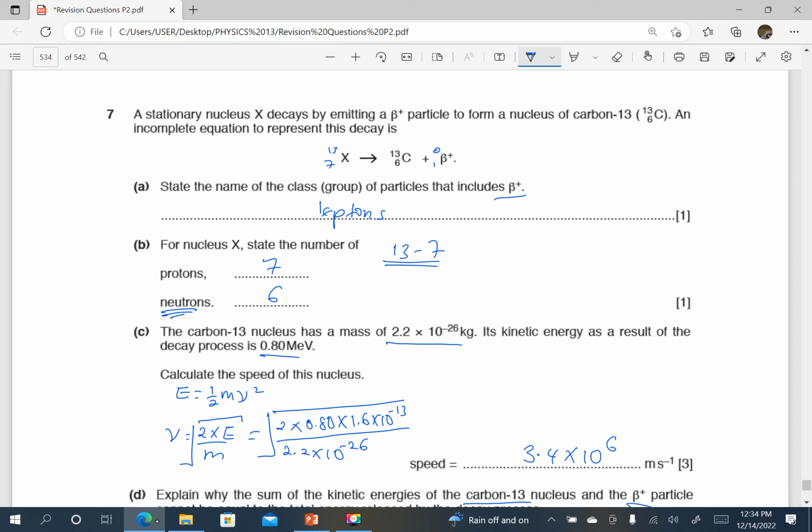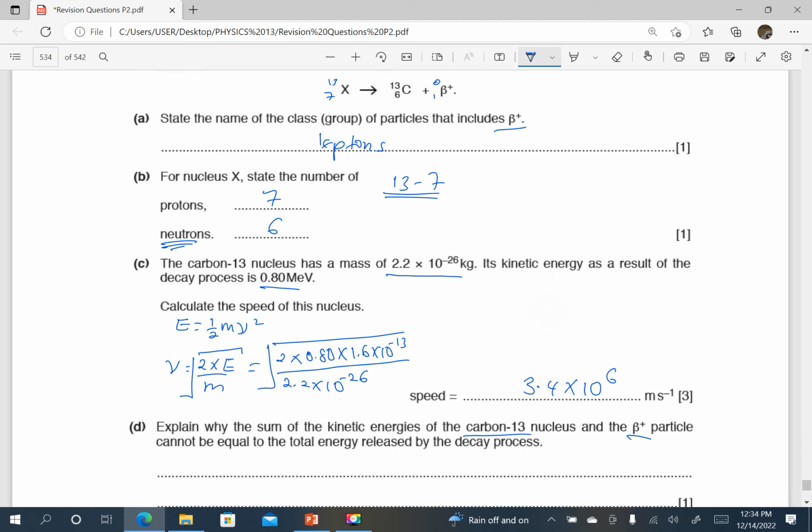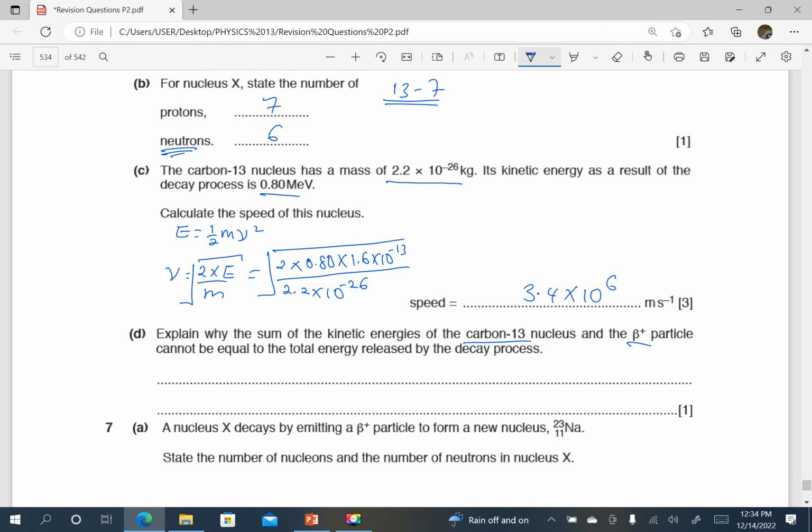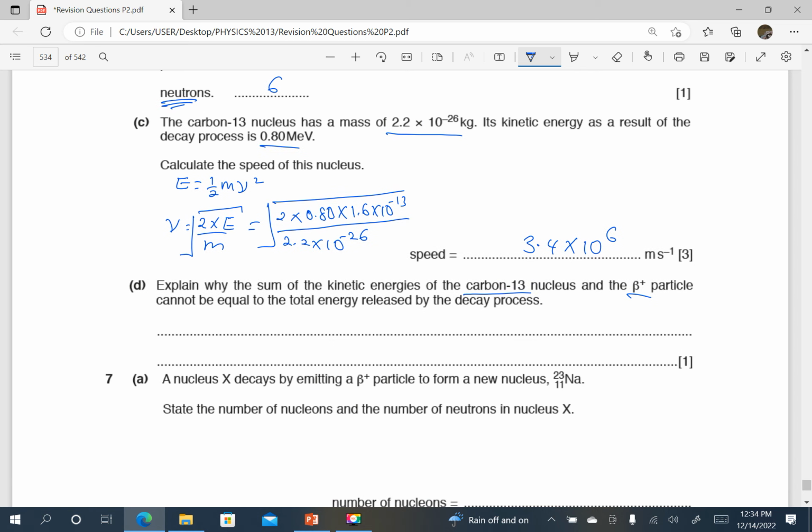Also the nucleus may have energy, so it may de-excite with some energy. Or even there are other accompanying particles such as the electron neutrino. The most important one is the electron neutrino, which accompanies the beta plus. It also has some energy. So we can say an electron neutrino is also produced and it also has energy.